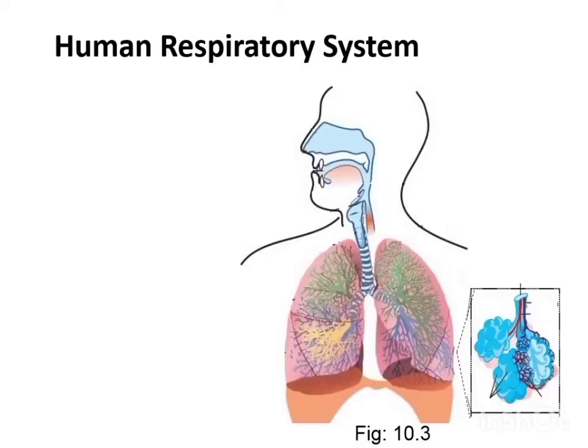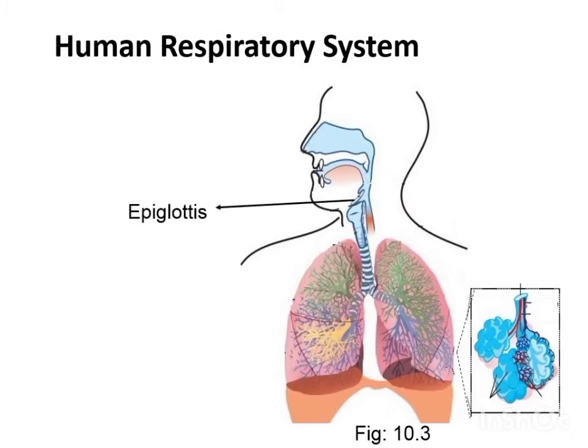Down the labelings, some of the labelings are missing in your book. There is a nasal cavity. After the nasal cavity, there are nostrils. Then there is oral cavity. There is pharynx.